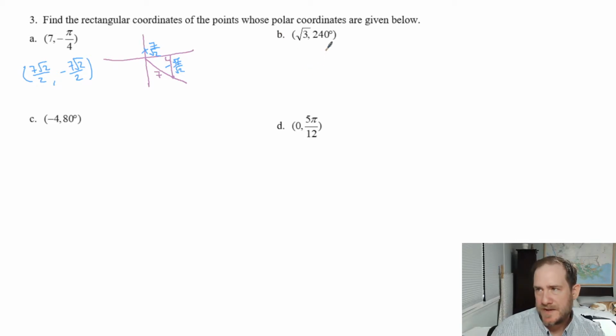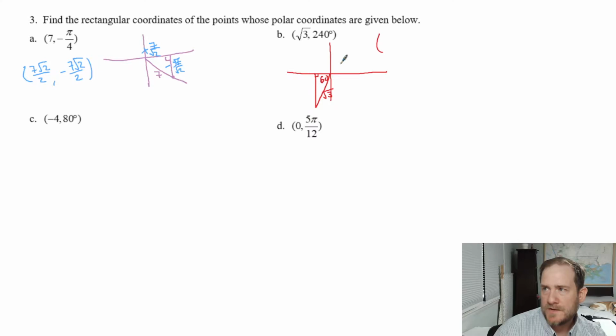For part B, you've got this 240 degree angle. So that's 180, then another 60. So this is another special right triangle. You've got your 60 degree angle here, and you're being told that your hypotenuse is √3. You're supposed to know that the short leg is the hypotenuse divided by 2. So your x-coordinate would be negative √3/2.